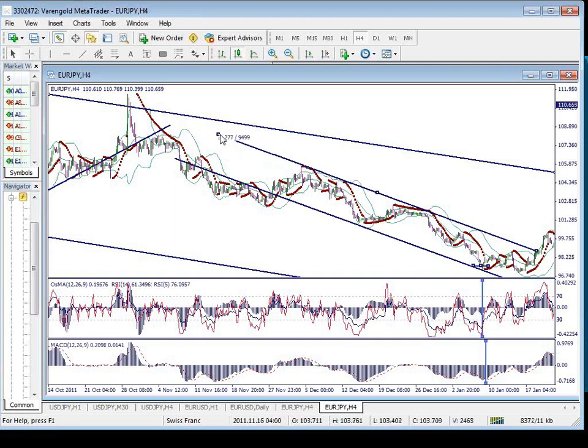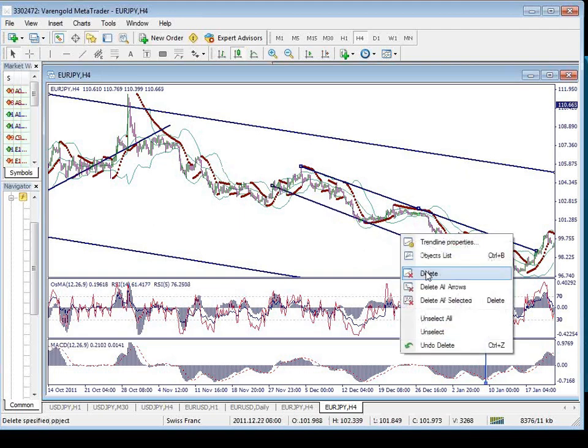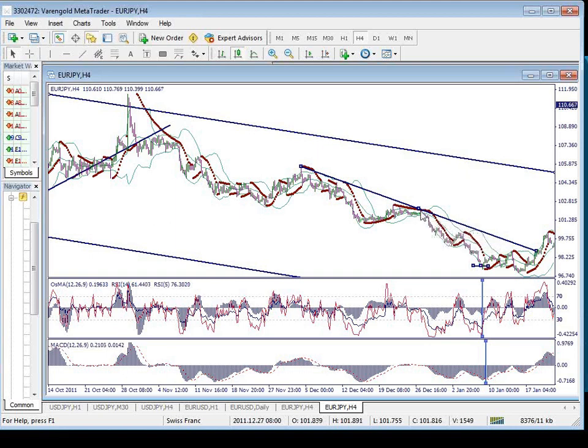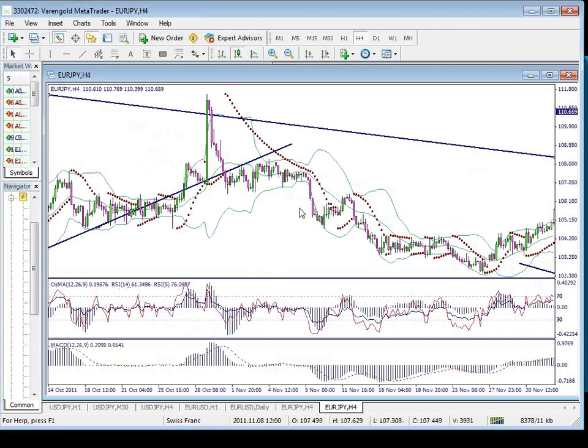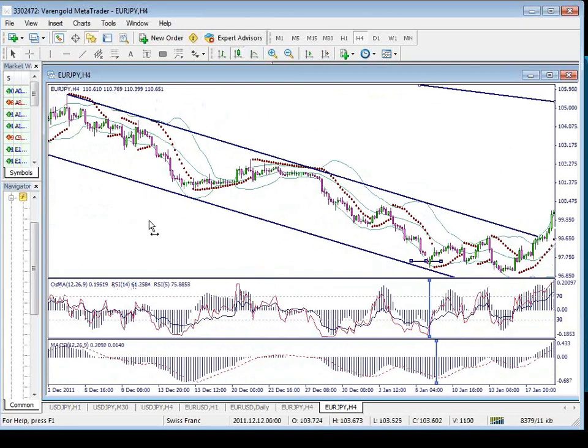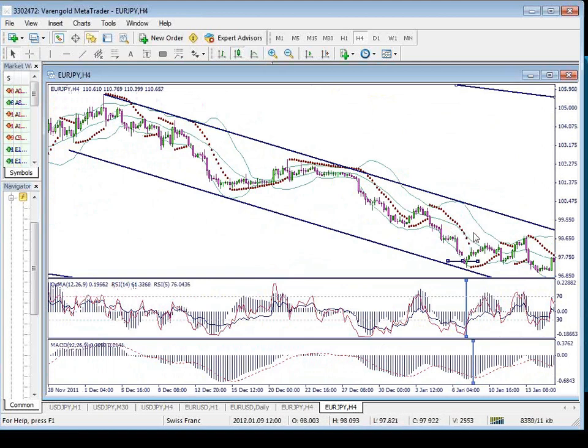So for 4 hours, it's okay if we take just this small trend channel, because in 4 hours, when we are initiating one trade, we don't intend to stay so much.